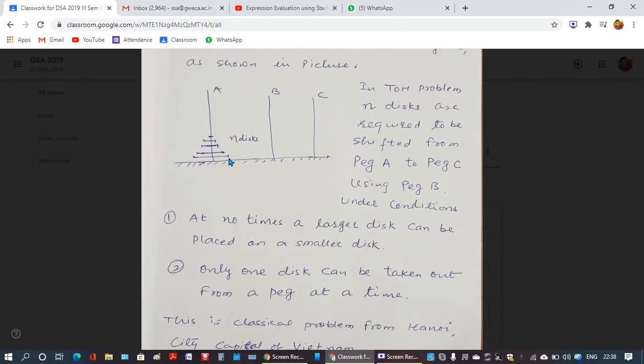So this is one condition, and the second condition is that at no time can you put a larger disk above a smaller disk. So you can never put a larger disk above a smaller disk in any peg.